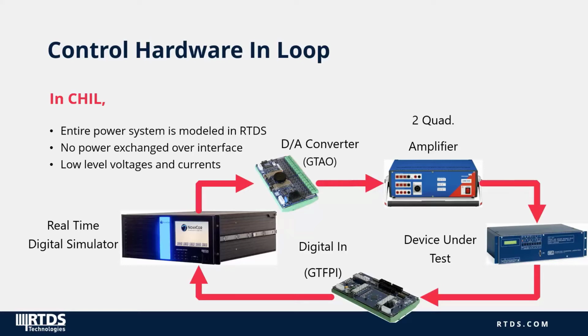Also, the output signals of the amplifier here are, relatively speaking, lower level voltages and currents. We'll see when we have a look at the power hardware in the loop setup that the voltage and current requirements from the amplifier might be significantly higher.